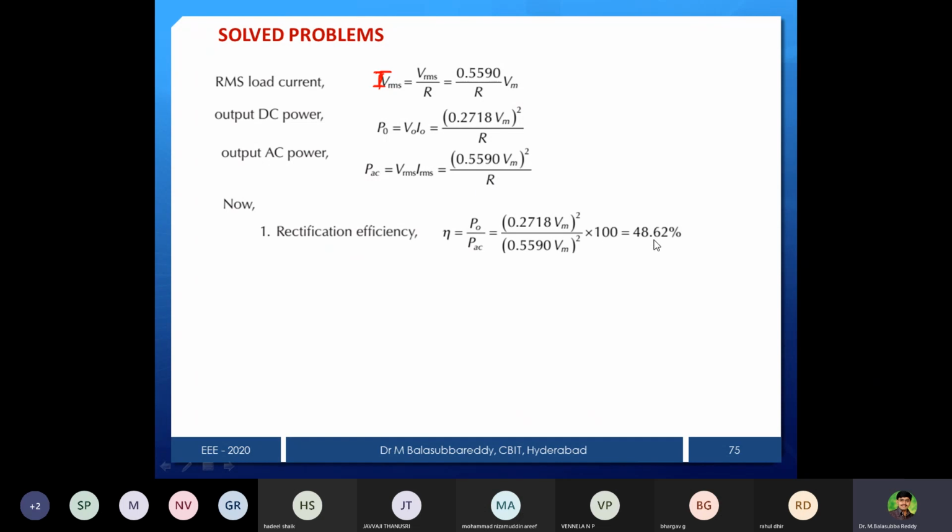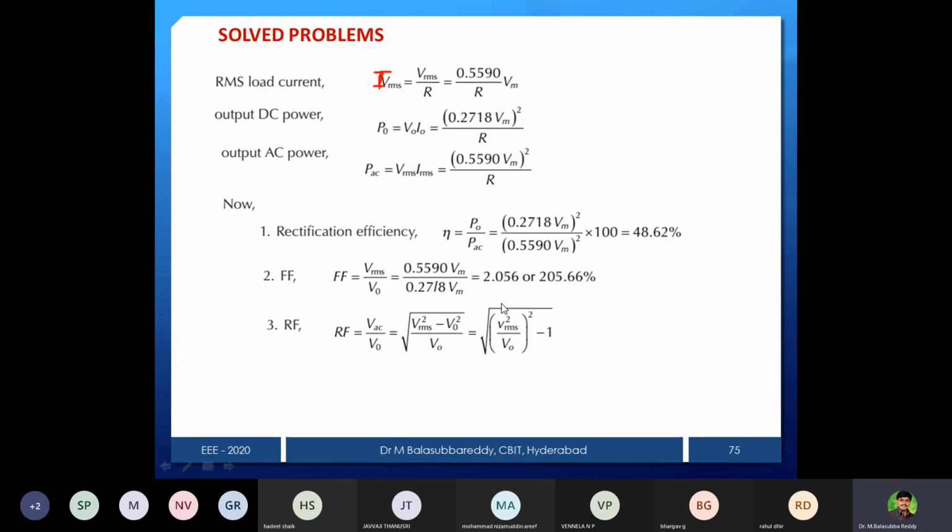Efficiency is equal to 48.62%. So this is the first bit. Second bit, what is the form factor? Form factor is VRMS by V out, that will give the form factor as 2.056. Then ripple factor. So what is the ripple factor formula? Root of form factor square minus 1.